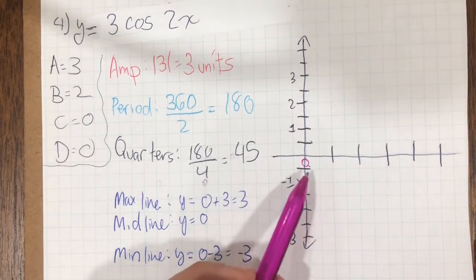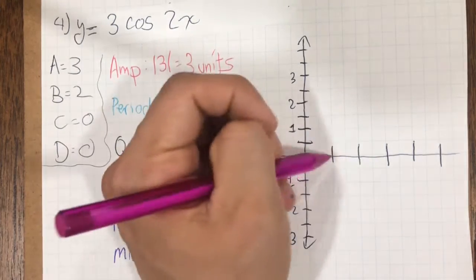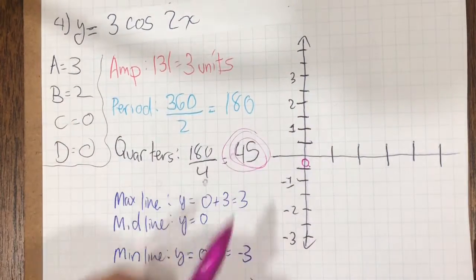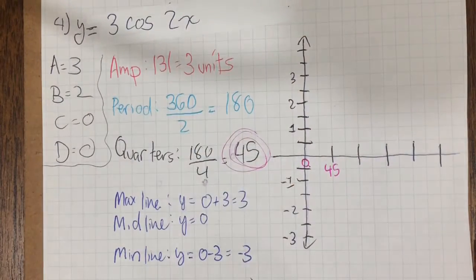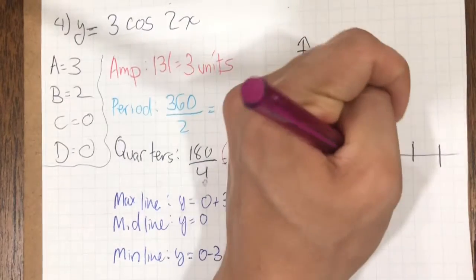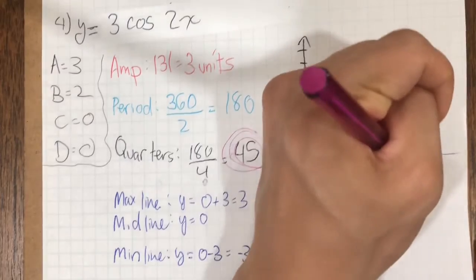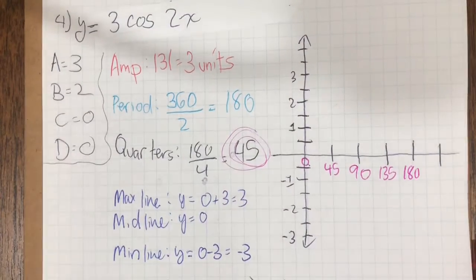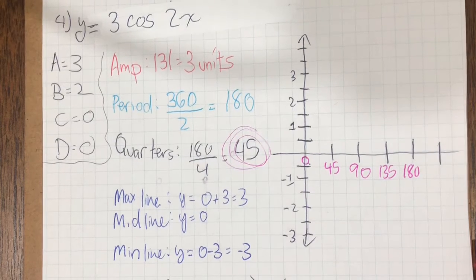And then the quarters are 45, so I'm going to add each x value to 45. So 0 plus 45 is 45. 45 plus 45 is 90. 90 plus 45 is 135. 135 plus 45 is 180. And that's it. I only need 5 numbers, because we're only plotting 5 points.